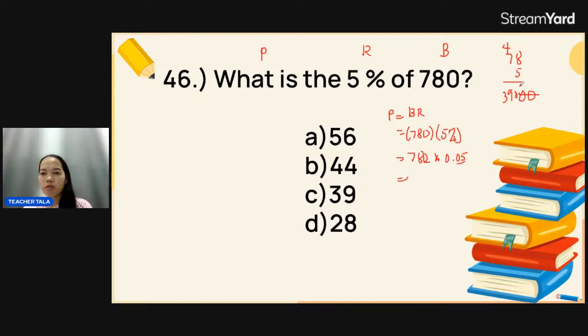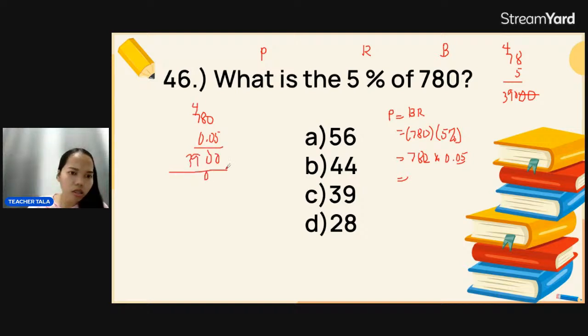78 times 5, that's 7 times 5, 35, 39. 390. Tapos may dalawang zeros. 39 lang. Ay, okay, multiply natin 780 times 0.05. 0, 40, 35, 39. Wala na. Dalawa lang. Dalawa, 39. Okay.